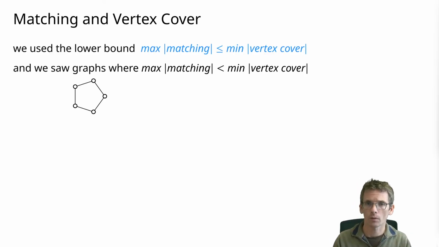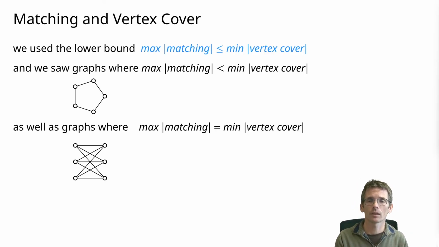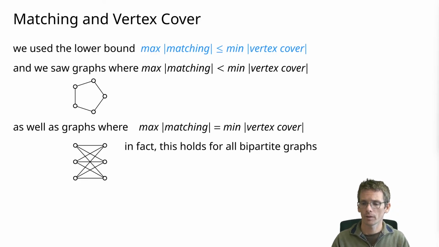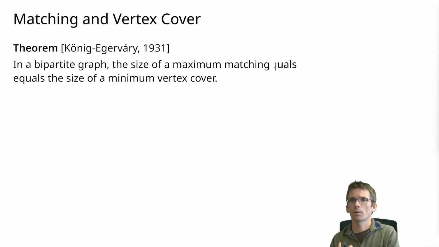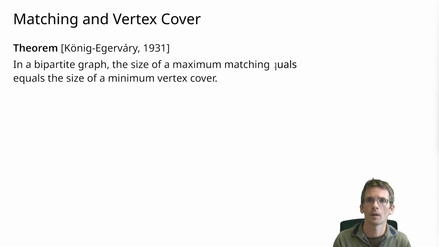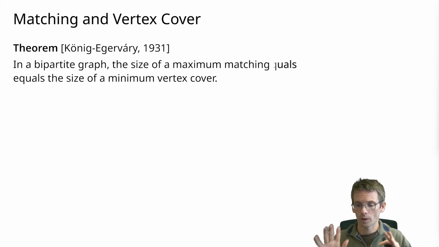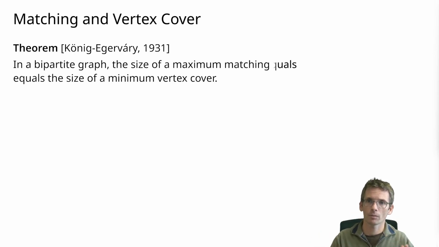But there are classes of graphs where we have this equality, in particular bipartite graphs. So this is a well-known theorem. In a bipartite graph, the size of the maximum matching equals the size of the minimum vertex cover. Meaning that for bipartite graphs, the min vertex cover and the max matching problem are the same.